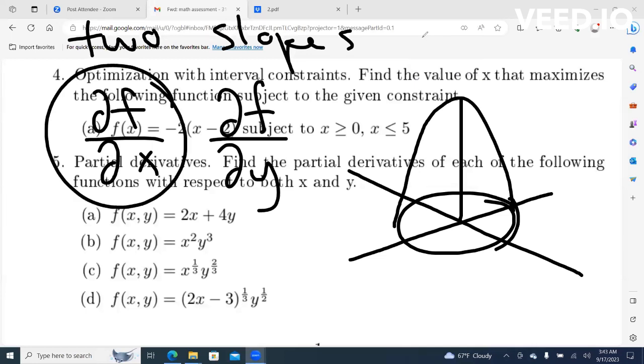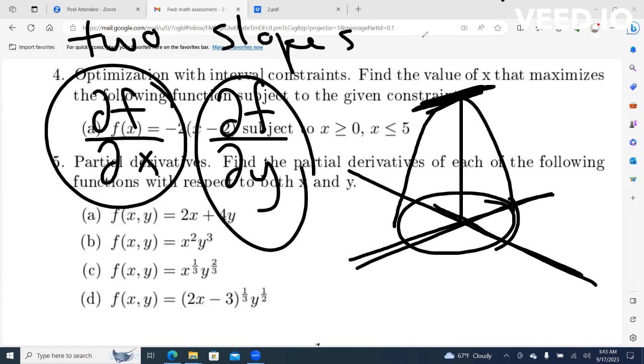If you take the derivative with respect to x, you find the slope parallel to the x-axis. If you do the y, you find the slope parallel to the y-axis.